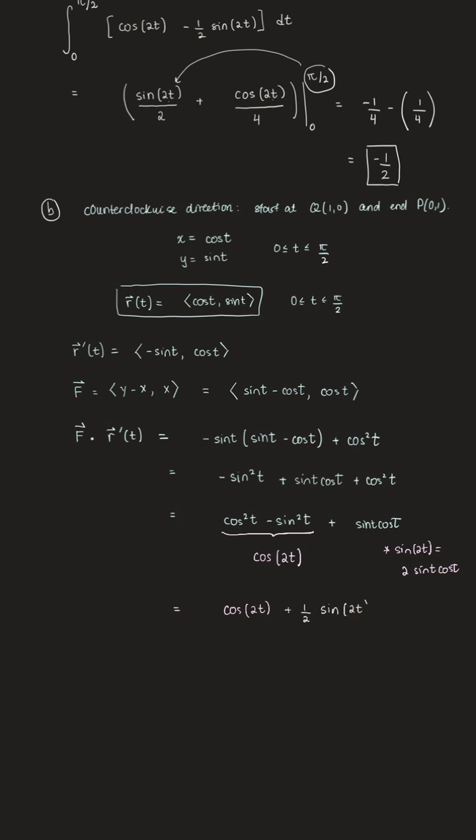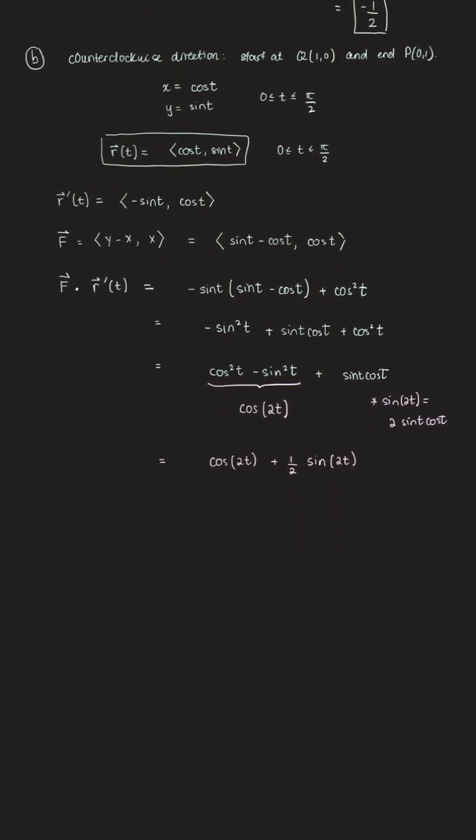And now we're ready to integrate. So our integral is going to be from 0 to pi over 2. That is our parameter interval. And our dot product that we calculated is cosine of 2t plus 1/2 sine of 2t. A very similar integral as before.